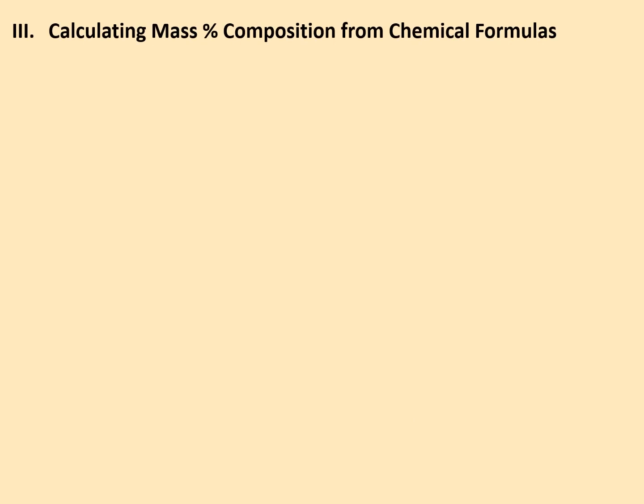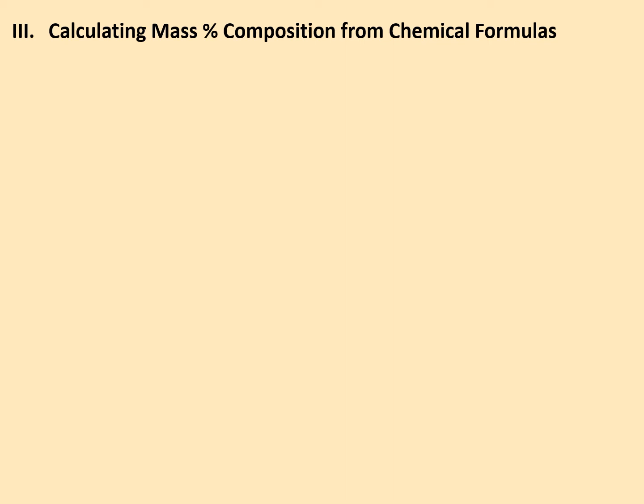So far we've looked at how to calculate the mass percent composition of a compound given information about the masses of each of the elements in the compound. This is the kind of information you would typically get from doing an experiment where you can separate out the various elements in the compound.